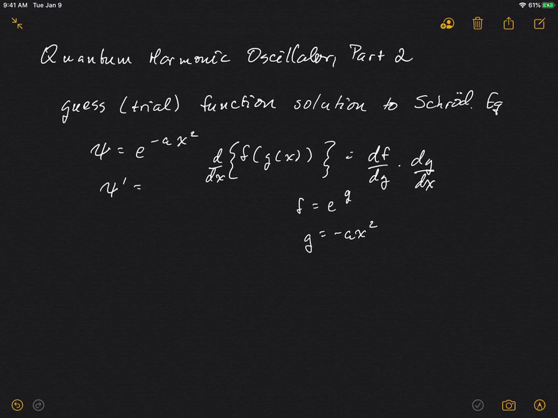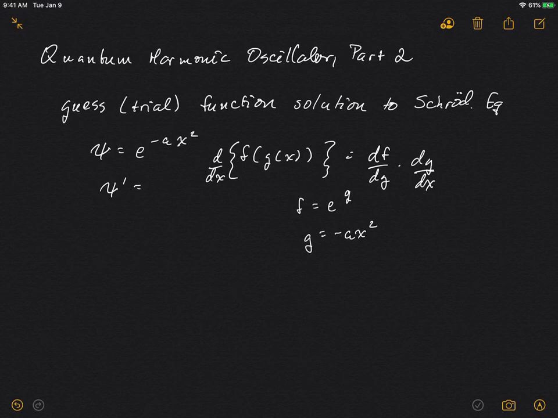Okay, so we're going to have the derivative of the exponential times the derivative with respect to g, and then times the derivative of g with respect to x.